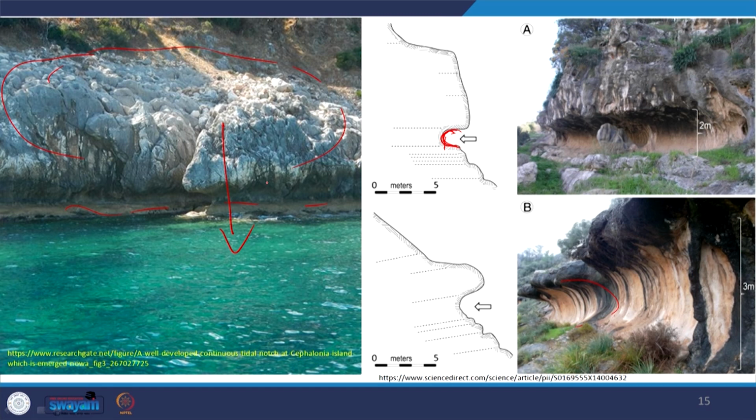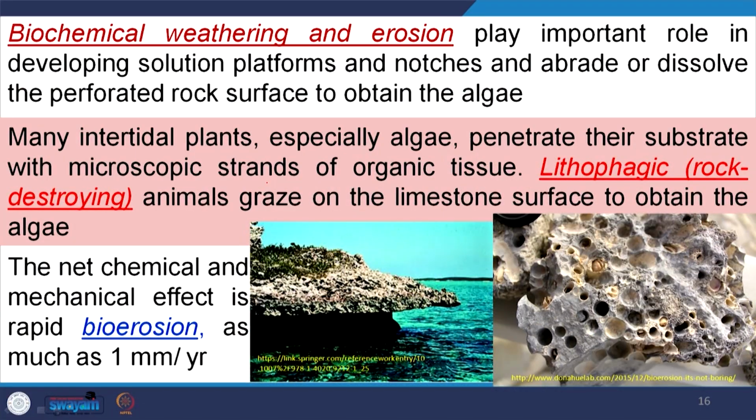The hillslope evolution we talked about during our mass wasting class follows the same procedure again due to wave action. Biochemical weathering and erosion play an important role in developing solution platforms and notches.